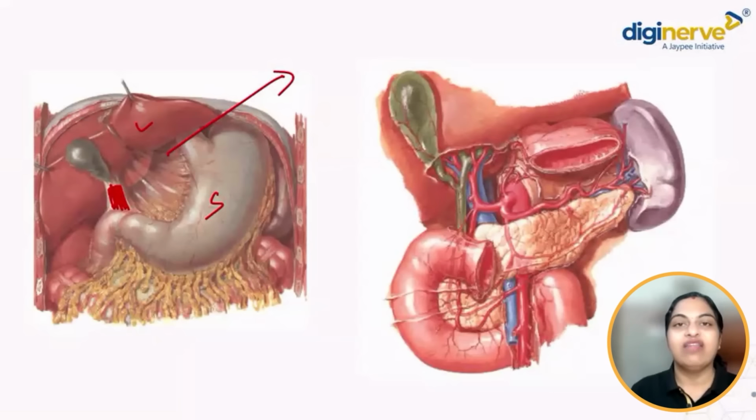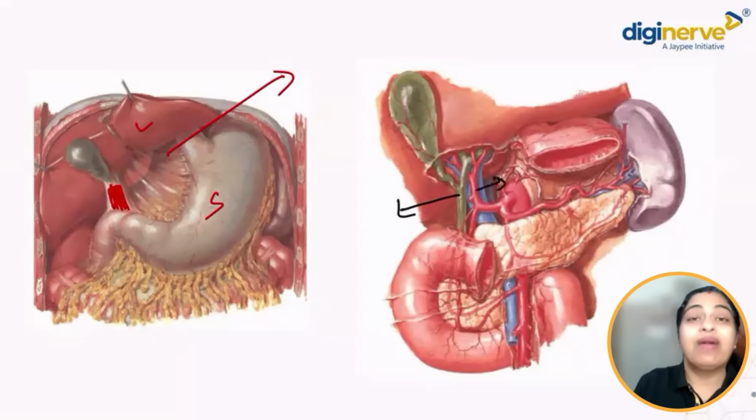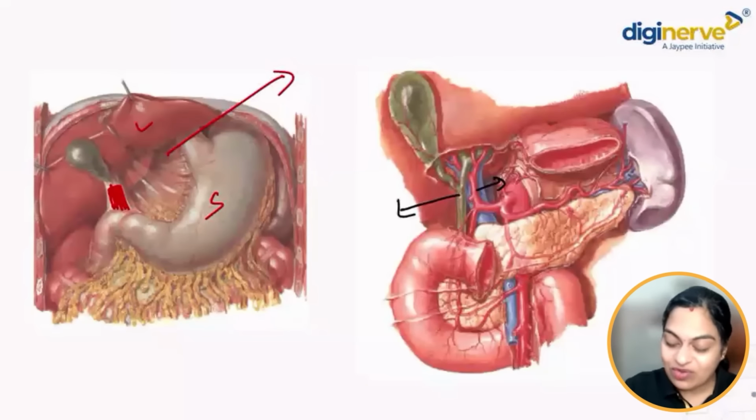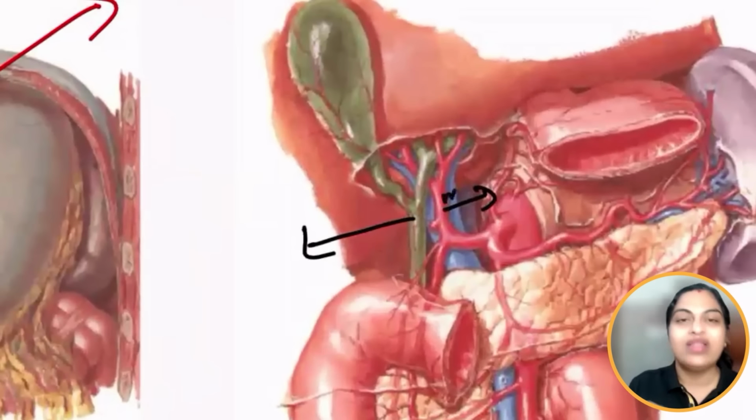If I dissect the right free margin of the lesser omentum, the structures I see in the anterior boundary of the epiploic foramen: to the right will be the common bile duct, to the left the hepatic artery proper, and just behind and between these two structures is the portal vein.